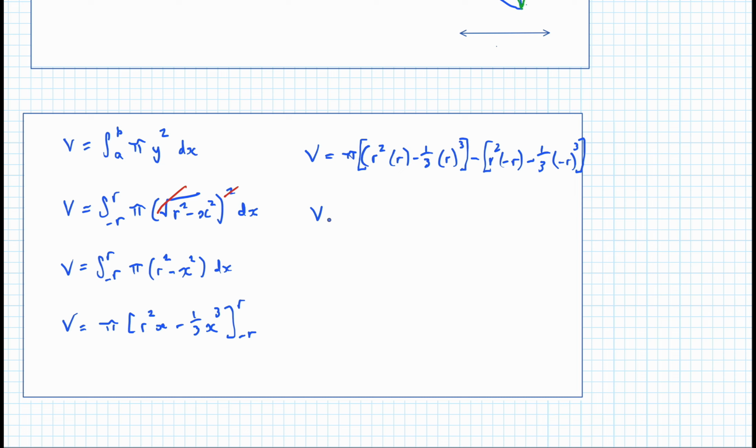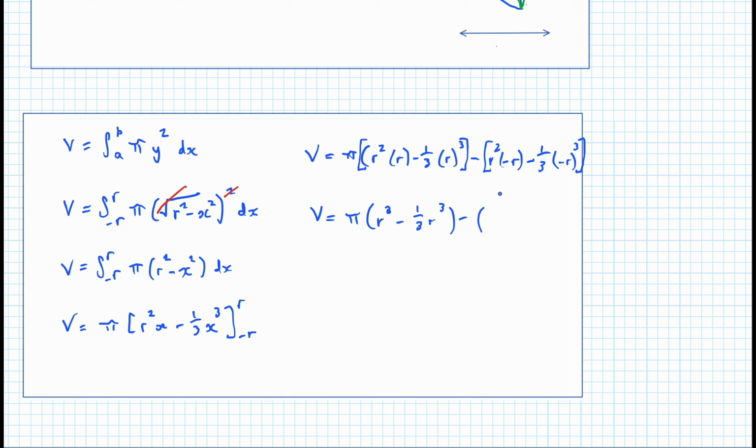Okay. And from there, multiply it out. Pi. R squared times r is r cubed. So r cubed minus 1/3 r cubed minus. So minus times a minus.